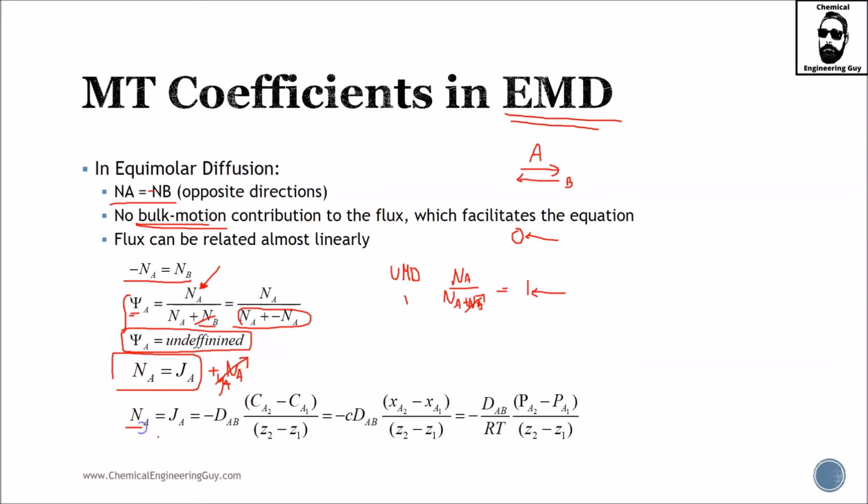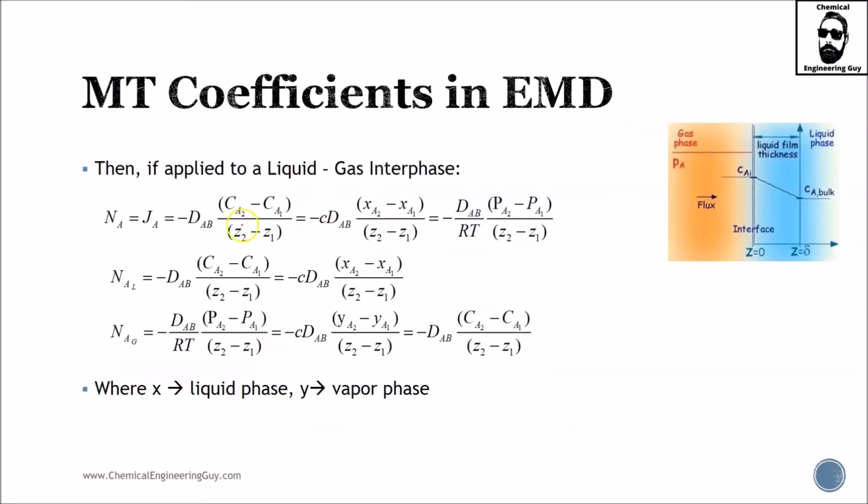And in this case, molar flux of A equals JA, which we know is always Fick's law, which developed in its simple case will be the difference of concentrations in the path of mass transfer and the coefficient for diffusivity. So far, we already know that we have the expression for concentrations, for molar composition, and for partial pressures, depending on what type of units or phases you're using.